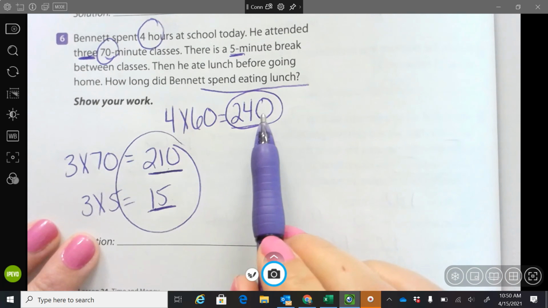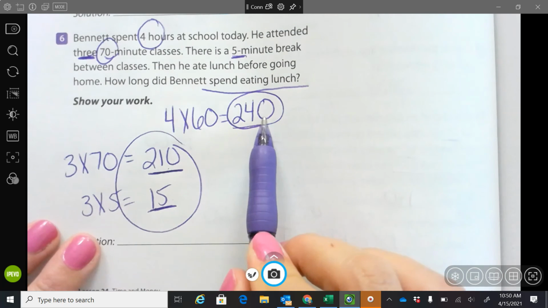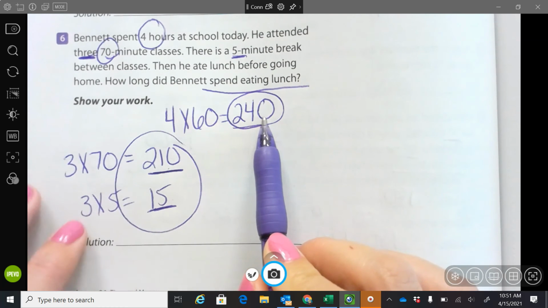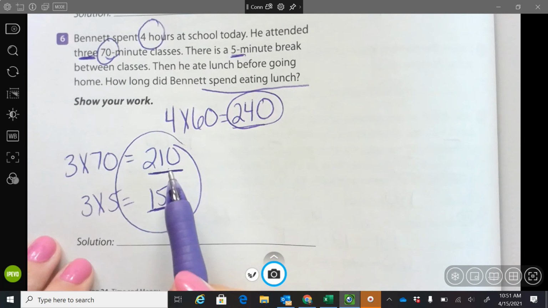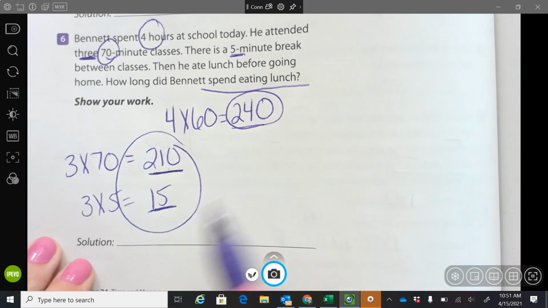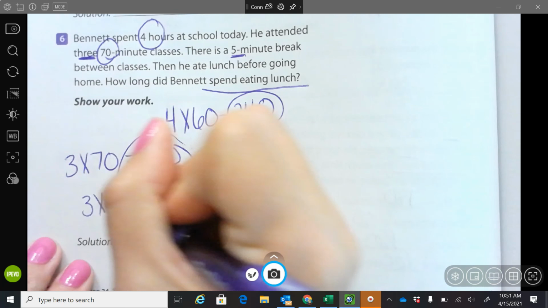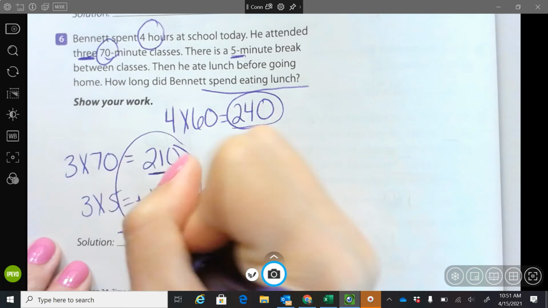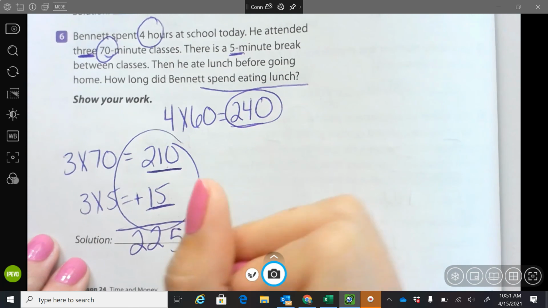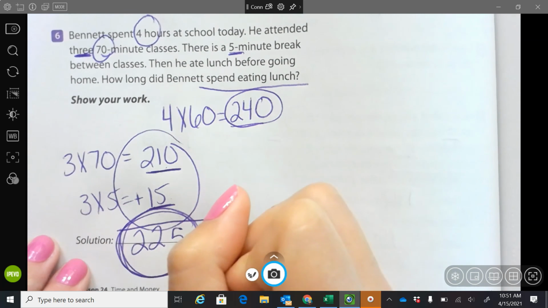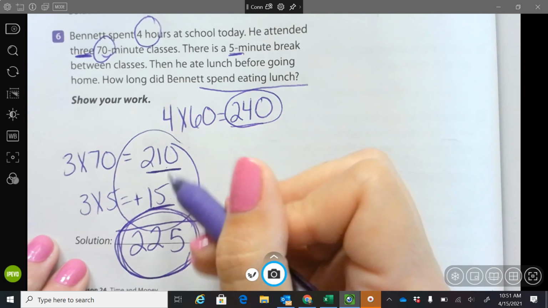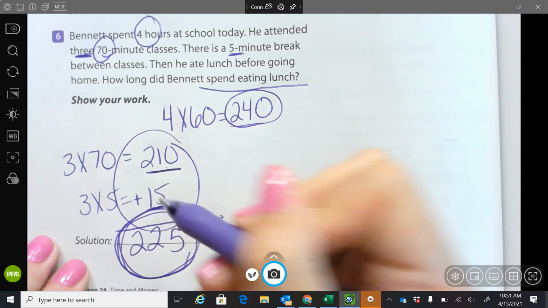Bailey, what do you think? You have to add. 210 plus 15. So he has 225 minutes of time in school, in class, and in doing breaks.